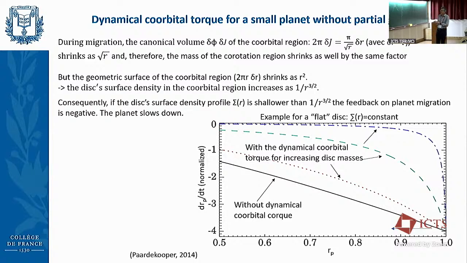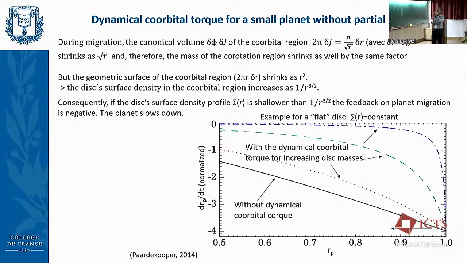So the planet is at 1 and migrates down to 0.5, and its migration rate slows down a little bit because it's coming close to the star, but it's still going this way. And now you take into account the co-rotation torque. We are in a disk with a flat surface density, so the disk is constant, and so it's shallower than 1 over r to the power 3/2.